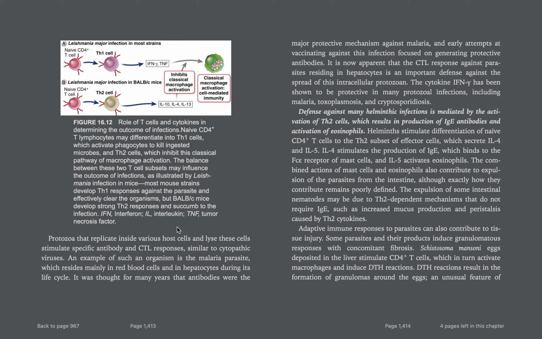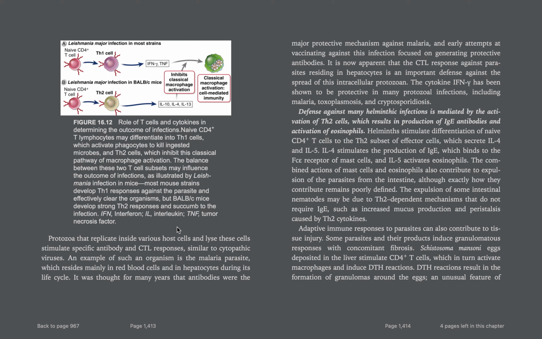The role of T cells and cytokines in determining the outcome of infection. Naive CD4 T lymphocytes may differentiate into T helper 1 cells, which activate the phagocyte to kill ingested microbes, and T helper 2 cells, which inhibit this classical pathway of macrophage activation.